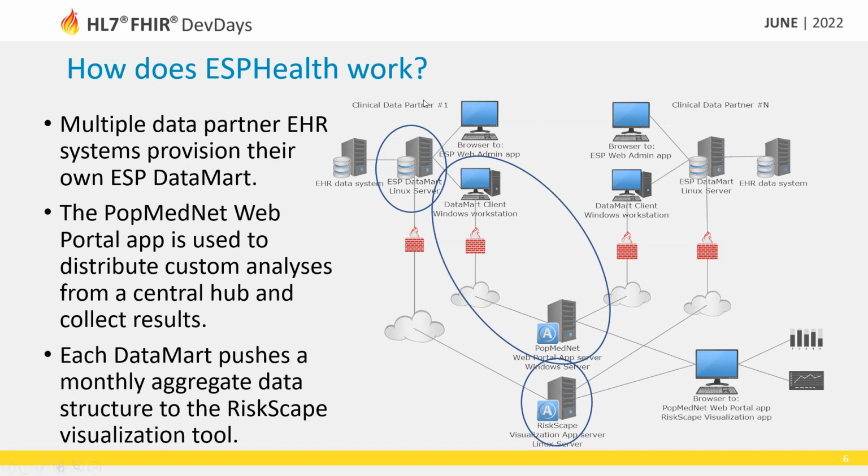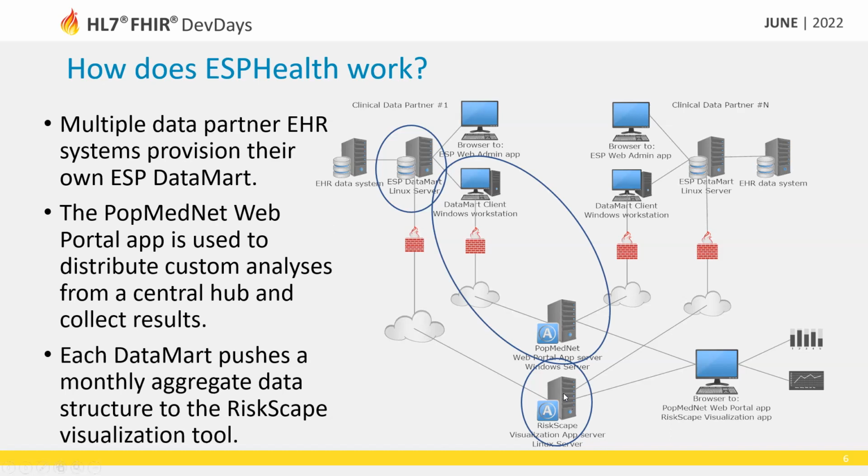And that sits behind a firewall, but on a monthly basis, it provisions a visualization tool that is available on the web to authorized users who can see aggregate level information.